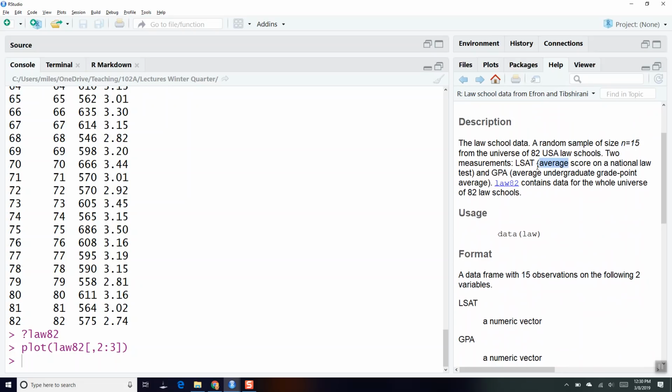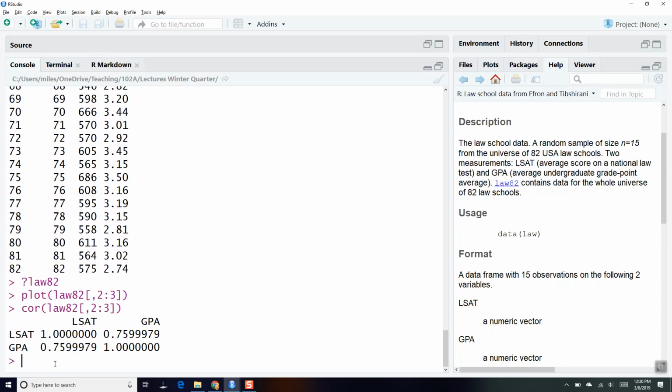LSAT is the average score on the LSAT exam and the average undergraduate GPA, okay? So this is, I guess, admission information for what these different law schools accepted. In the universe, there's a correlation of around 0.76 between LSAT and GPA, okay?